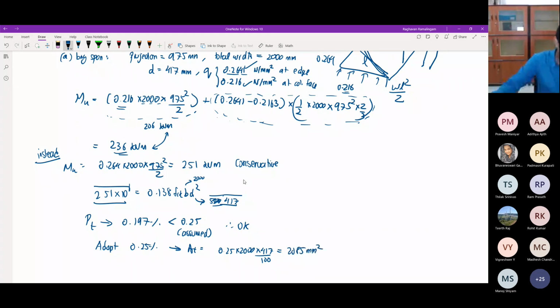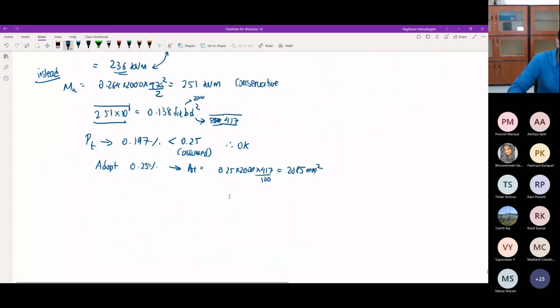We assume 16 mm bars, so we need 11 numbers. The length of that side is 2000 mm, so 2000 divided by 10 or 11 gives around 180 mm spacing. So we can give the bars at 180 to 200 mm spacing.